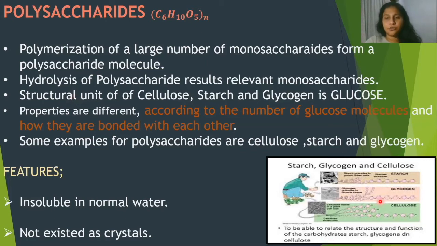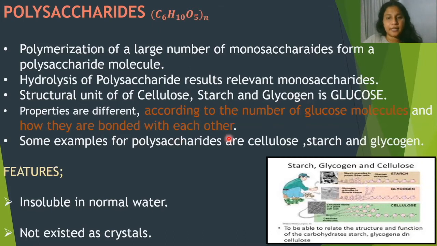Let me show you this. Now you can see the starch structure is different from glycogen, and the cellulose structure is totally different from both of them. So I think you all can understand these two points: the number of glucose molecules and how they are bonded with each other, right?